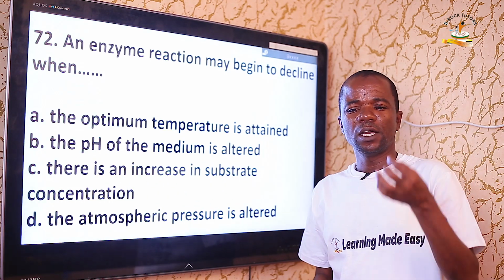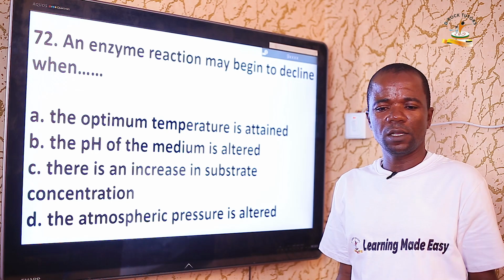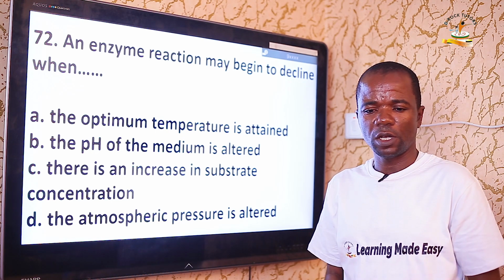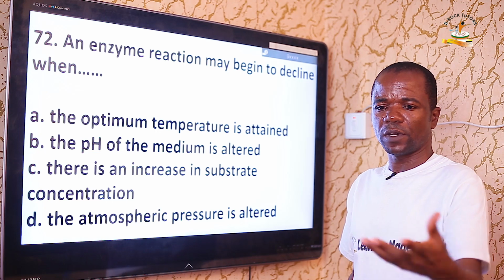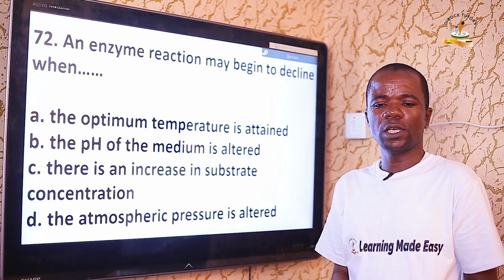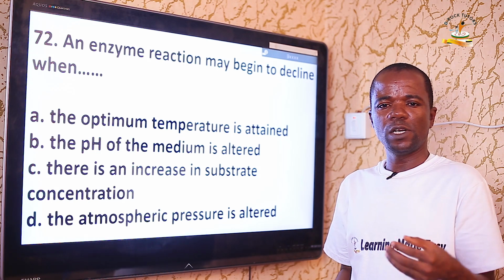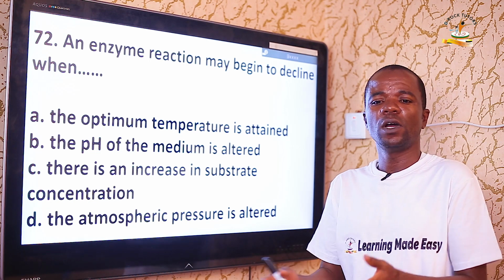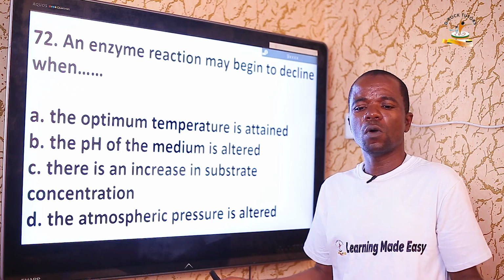We should know that enzymes have certain characteristics. Number one, they're specific in action. They only catalyze certain reactions. For example, pepsin can only catalyze reactions that involve protein. Ptyalin, or salivary amylase, can only catalyze reactions that involve carbohydrates, and so on and so forth.